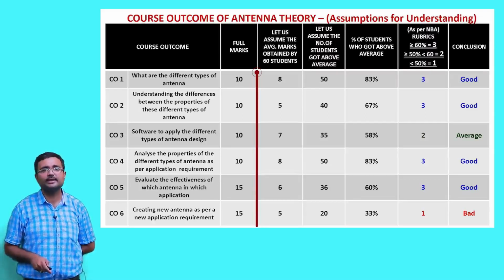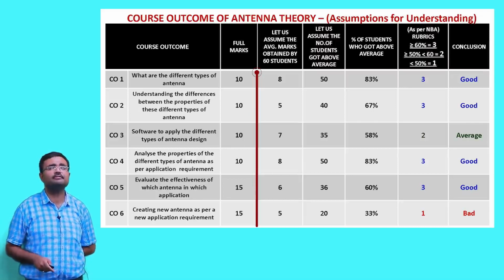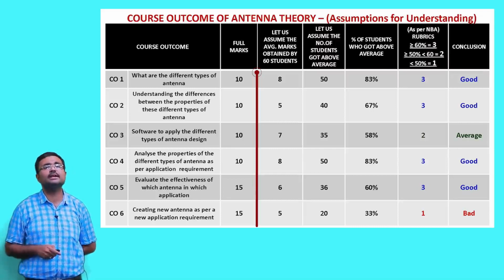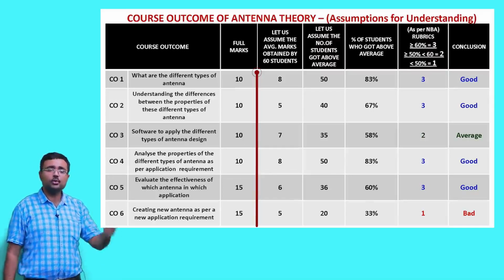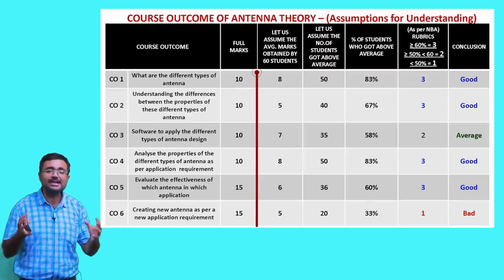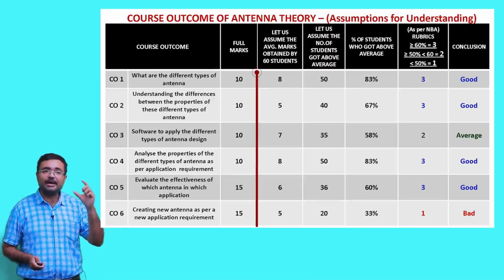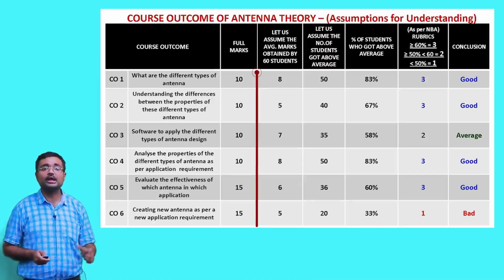CO3, 10 marks on that, CO4, 10 marks on that, but CO5 and CO6, which is evaluating the effectiveness and creating the new antenna, this is 15 marks and 15 marks. The students who can actually create, actually make something new, they should have the maximum advantage of scoring good marks. This is the idea of it.